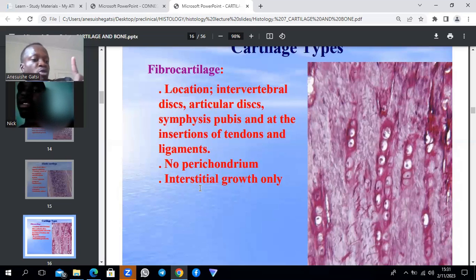So hyaline cartilage has perichondrium, yes, but when you find hyaline cartilage lining joint surfaces of a synovial joint, there will be no perichondrium, because the nutrients and the oxygen will simply come from the synovial fluid that is bathing the joint.